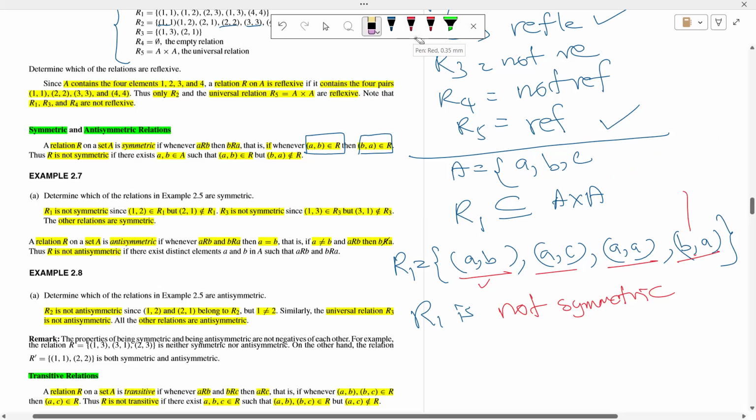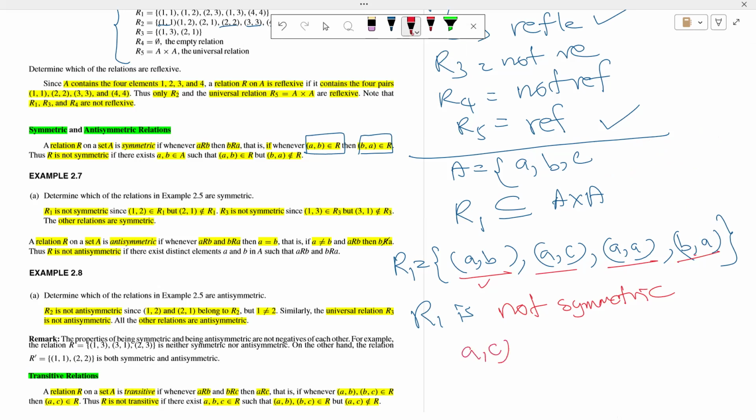So why is this relation not symmetric? A comma C belongs to the relation R1, but C comma A does not belong to R1. Because of that, we can say this is not symmetric. Understand?